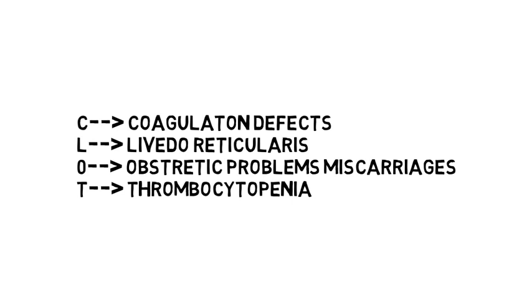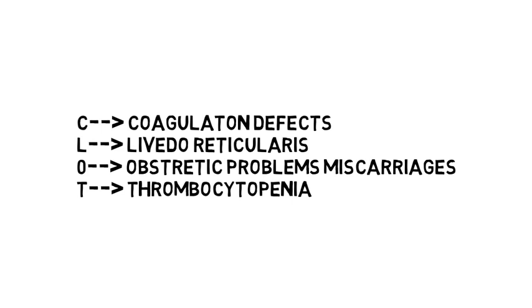And the antiphospholipid antibodies include the lupus anticoagulant, which, do not be confused by this, lupus anticoagulant does not test for lupus, it is a test for the antiphospholipid syndrome.